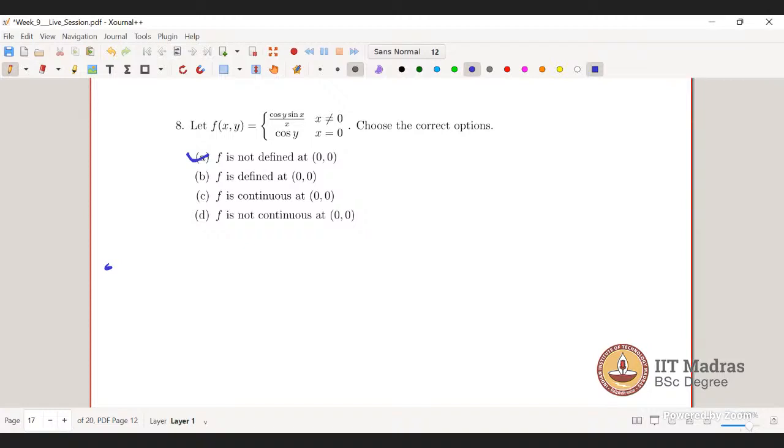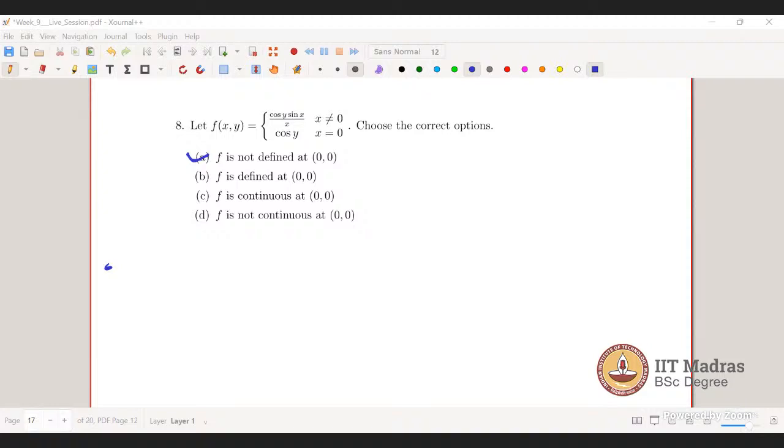It is defined, so it's incorrect. Why? Whoever wants to say something, please unmute yourself.